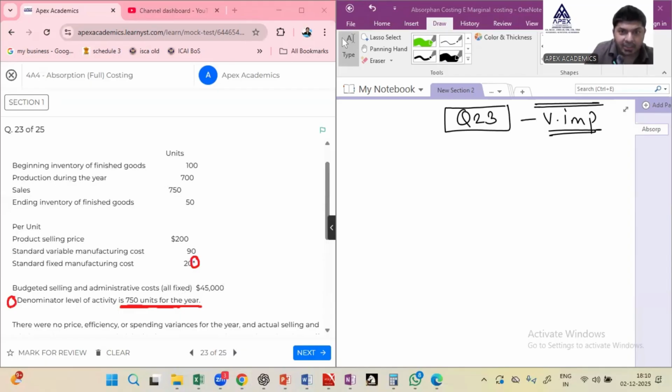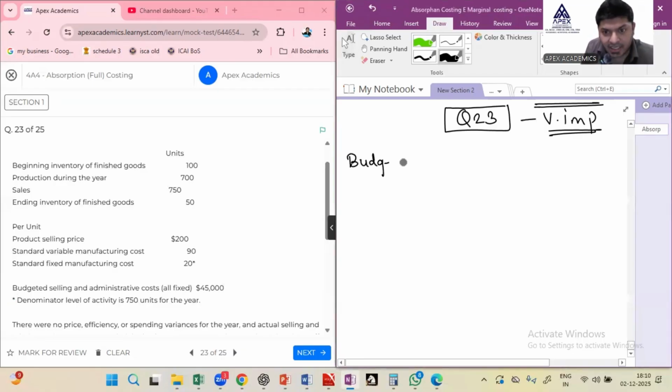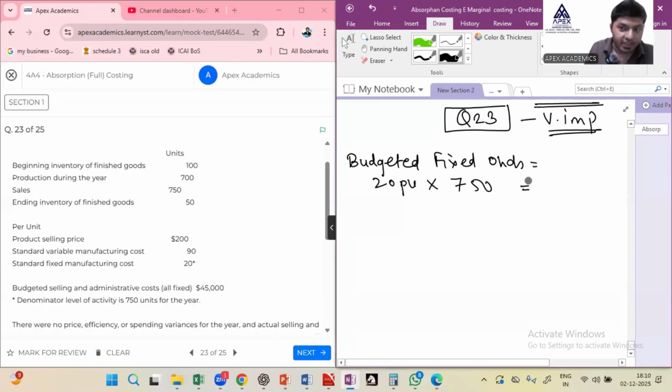If the denominator level of activity is 750 units, my budgeted fixed overheads are going to be 20 per unit multiplied by my denominator level of activity, which is 750, which is 15,000.